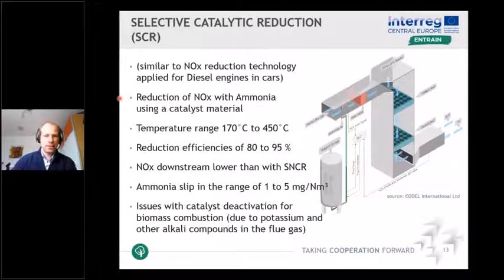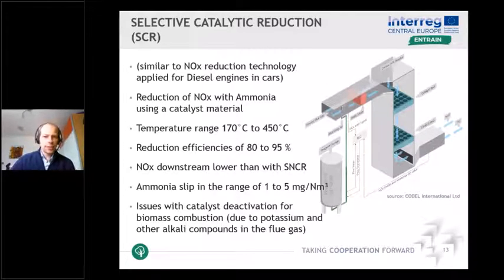With this technology, it's possible to achieve reduction efficiencies of 80 to 95%, so considerably higher than with SNCR. Also, the ammonia slip is usually lower, in the range of 1 to 5 milligrams per normal cubic meter.